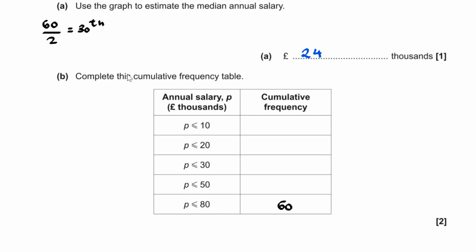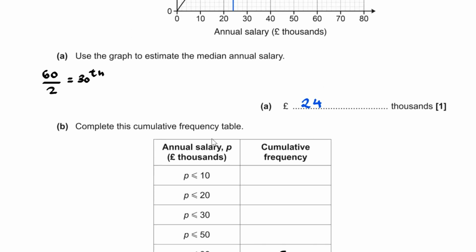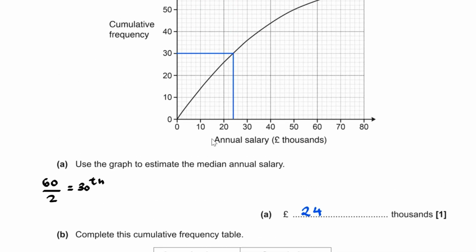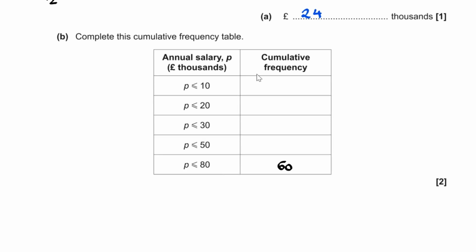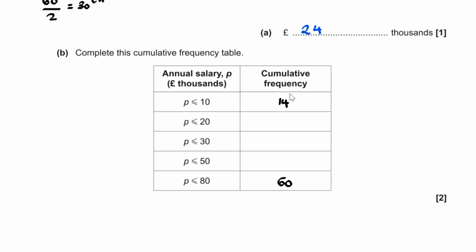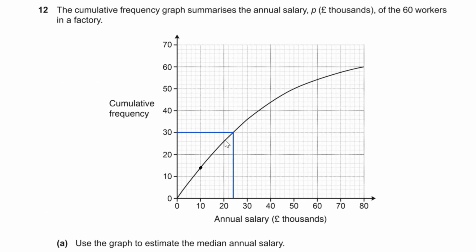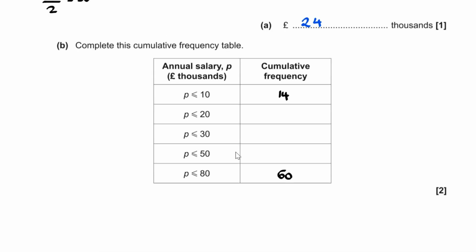So what we're saying is, when we've got an annual salary of up to 10, that corresponds here to 14. For 20, we have here 26.